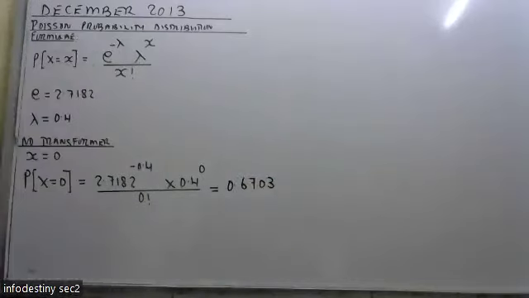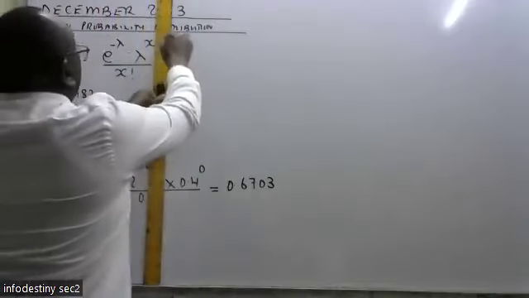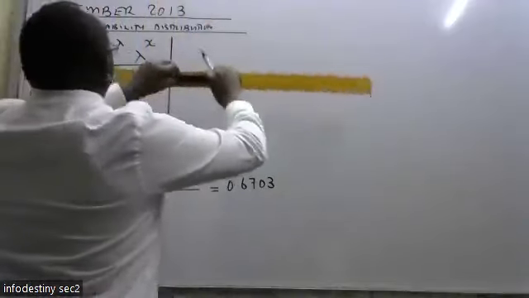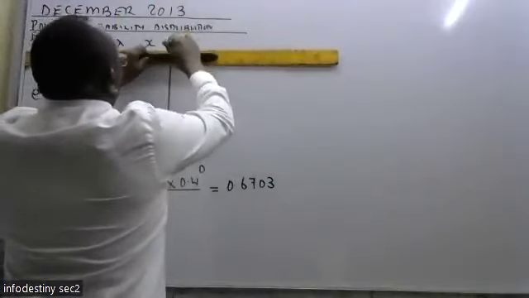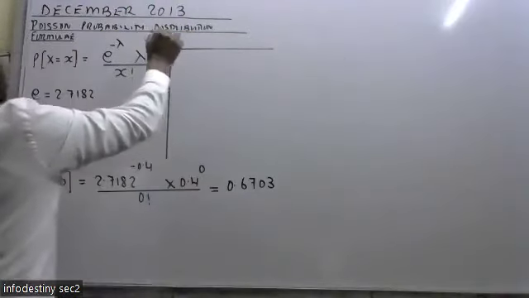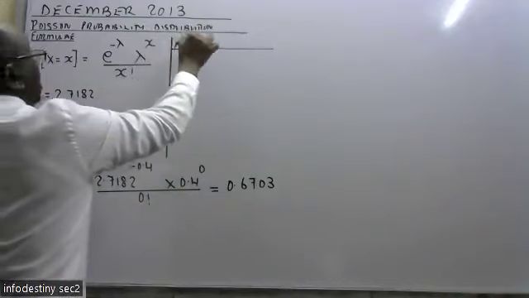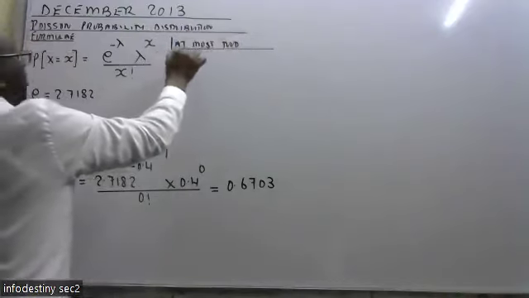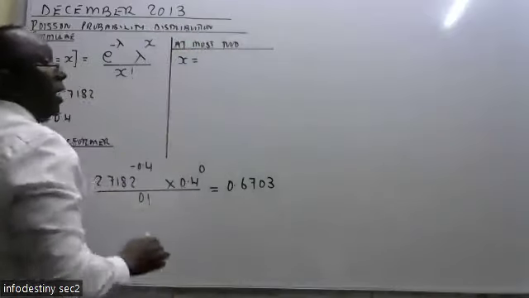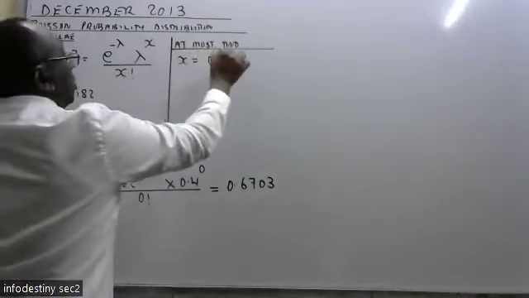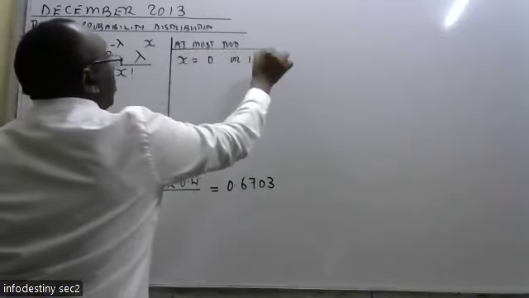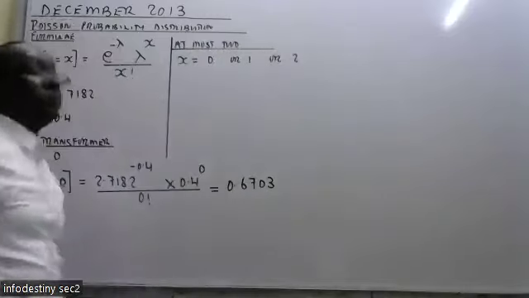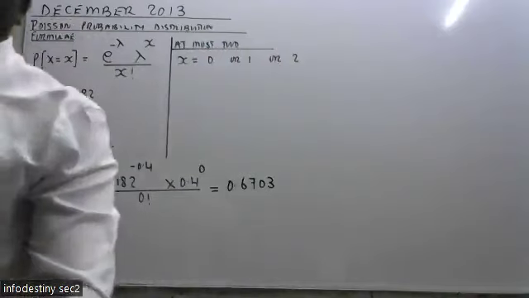And when they say at most 2 transformers, at most 2, that means X is 0 or 1 or 2. That is the meaning.